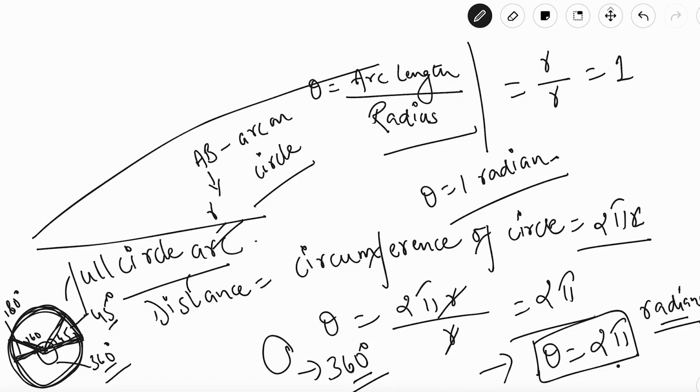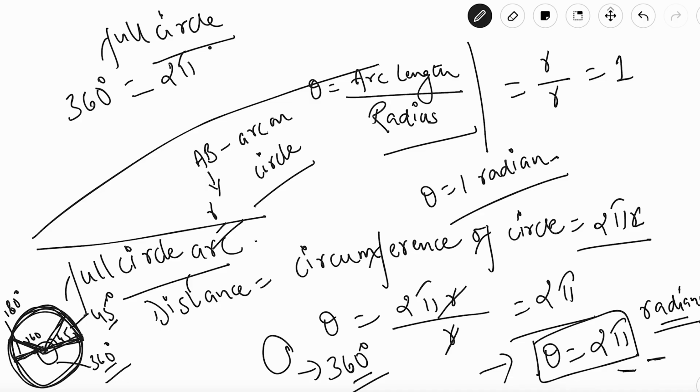Now what's the relation between degrees and radians? We just saw that for a complete circle rotation, in degrees it is 360 degrees, and in radians we just calculated it was 2 pi radians.